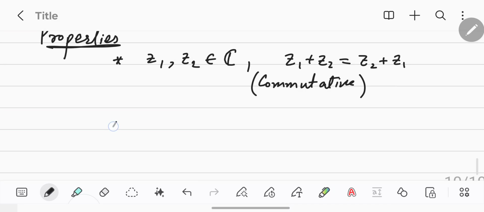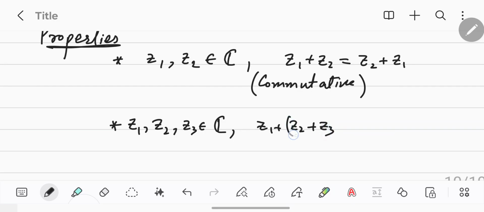The second property is, if you have three complex numbers, z1, z2, and z3, then we have the associative property of addition also. z1 plus z2 plus z3 is equal to z1 plus z2 plus z3, with different grouping.